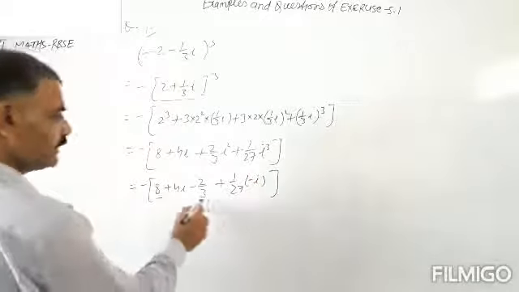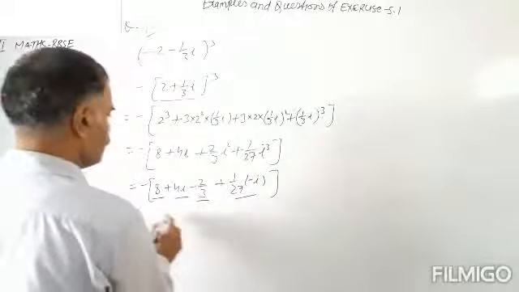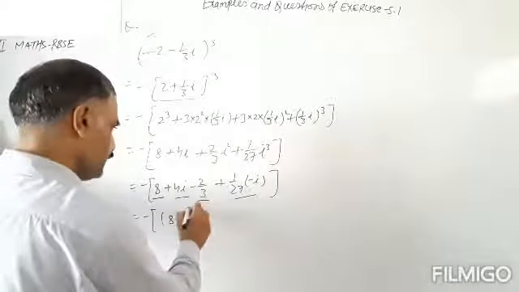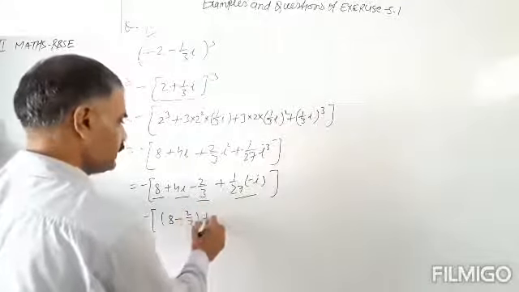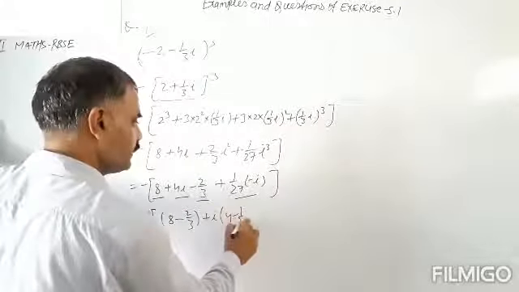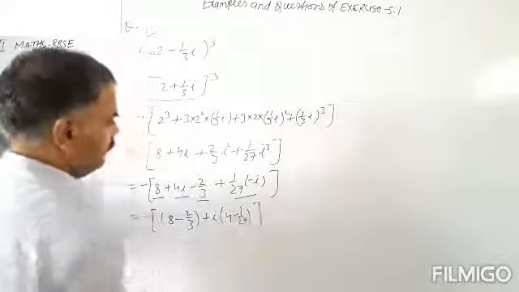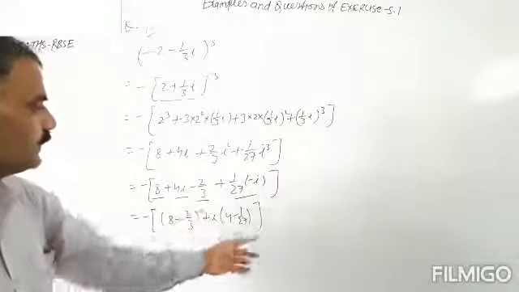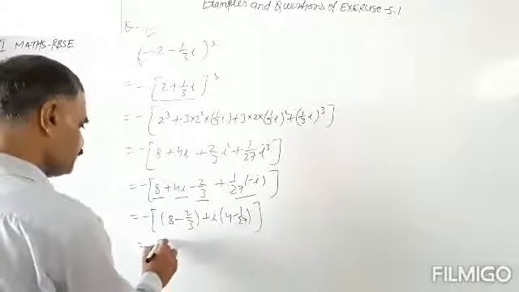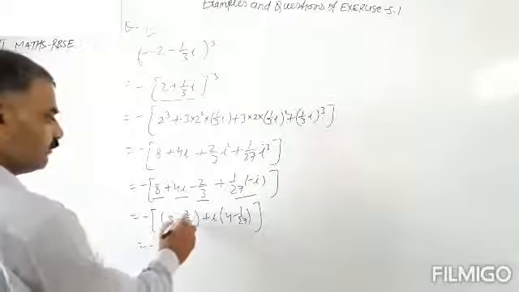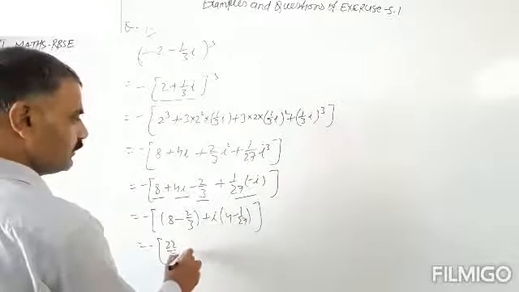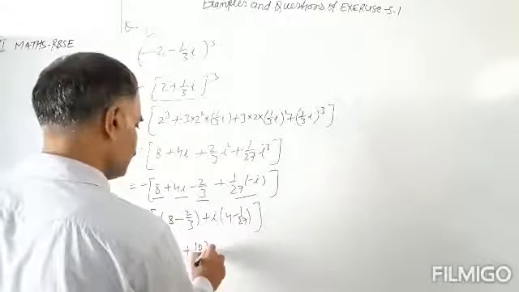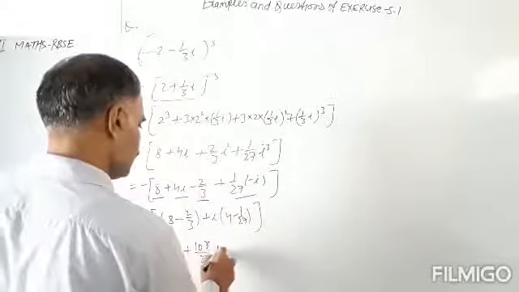Okay, so real parts are this and this, imaginary parts are this and this. So adding and subtracting the real parts, minus 8 minus 2 by 3, and imaginary parts, iota times 4 minus 1 by 27. Minus 8 minus 2 by 3 is minus 22 by 3, and 4 minus 1 by 27 is 107 upon 27 iota.